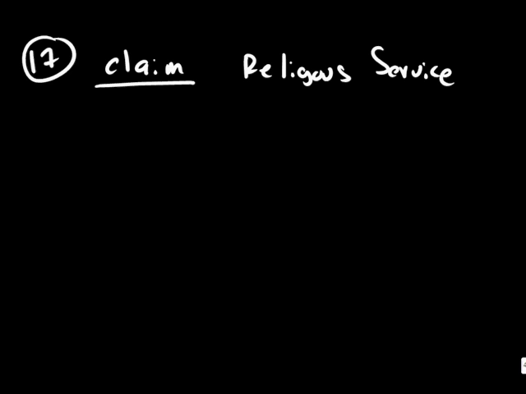Now let's take a look here. The first group, question 17, these are the ones who attend at least once a week. So I'm going to notate attend at least once a week.